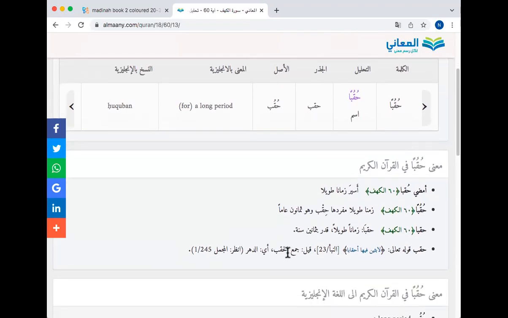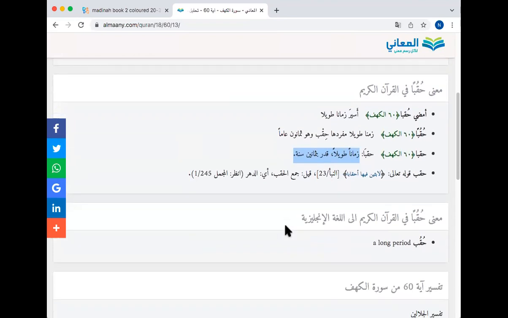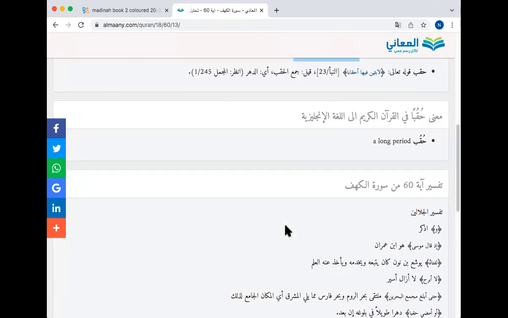They mentioned over here in some of the meanings, al-huquban zamanan tawilan قدر ب80 sana. It has been said that it's 80 years. So there's different explanations of the meaning of al-huqub.